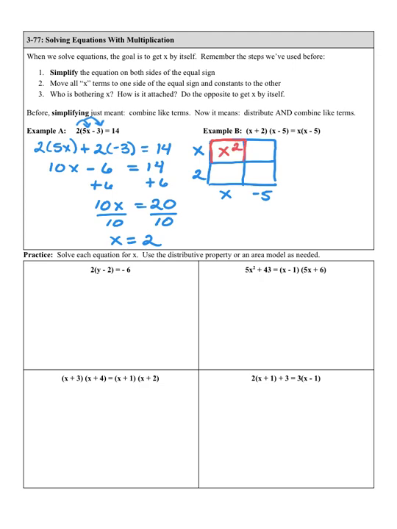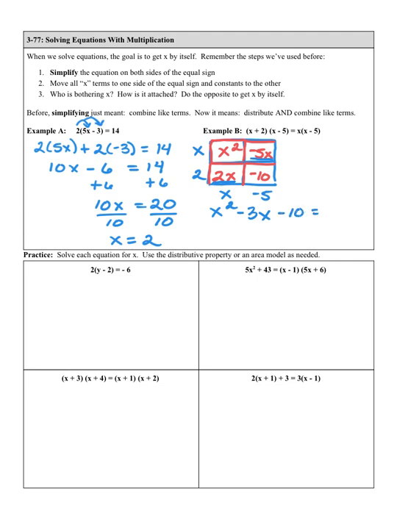Top right is x times a negative 5, or negative 5x. Bottom left, it's 2 times x, or 2x. And bottom right is 2 times a negative 5, or a negative 10. So that product on the left multiplies out to be x squared minus 3x, and again, I get that from combining the positive 2x with the negative 5x, and then minus 10.